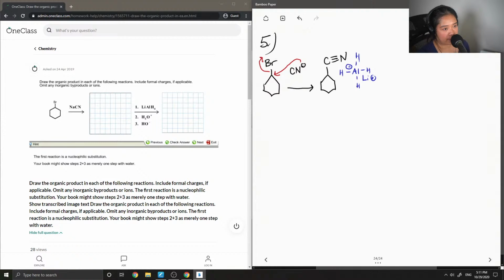So the aluminum attacks at the carbon and goes there.